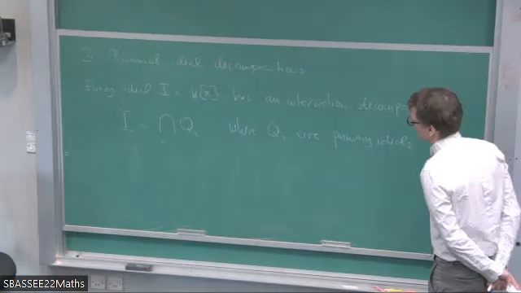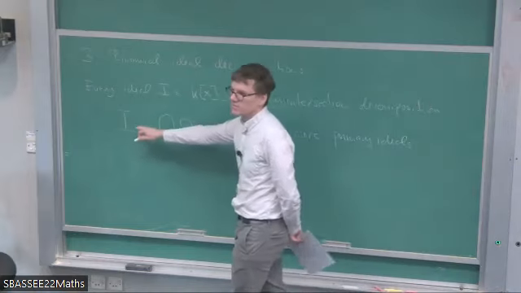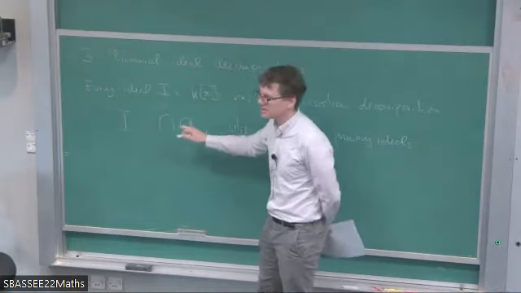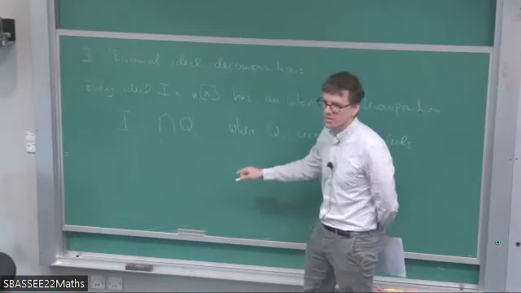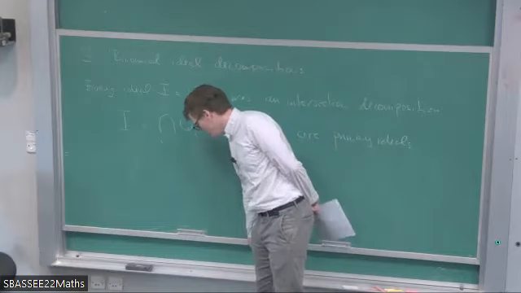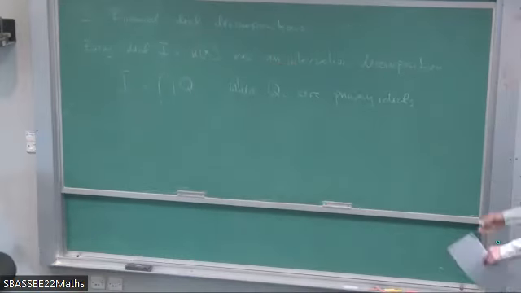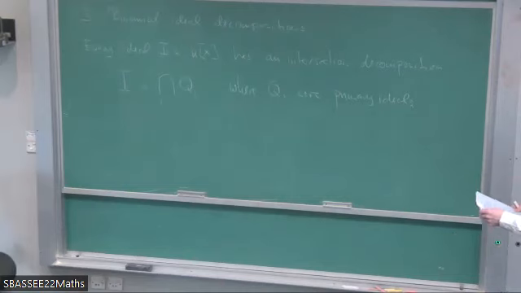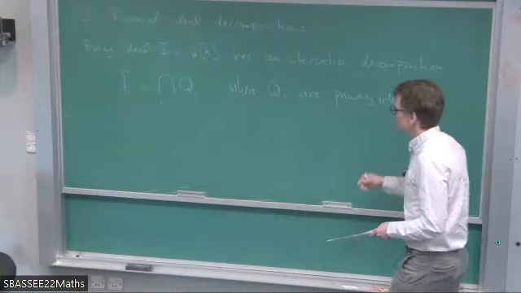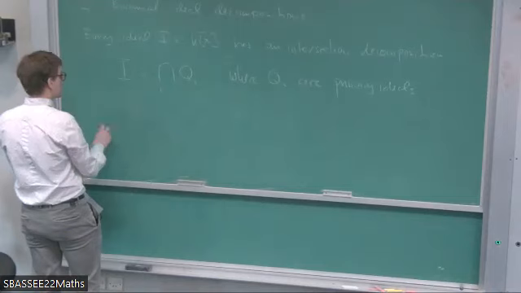You cannot have all the wishes come true. So I is not a product of prime ideals, but instead it's an intersection of primary ideals. So intersection is a generalization of product, and primary ideal is a slightly weaker concept than prime ideal, but it's at least good enough to do the right thing on the geometric side.